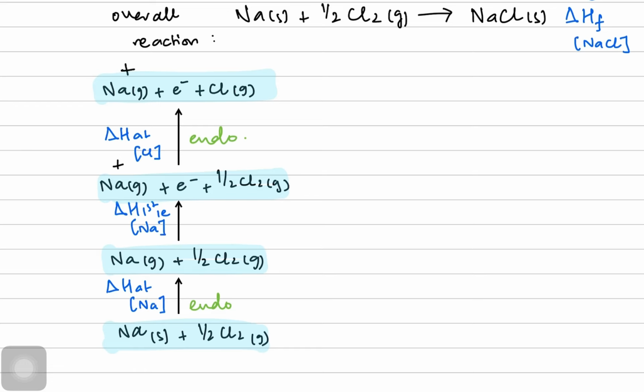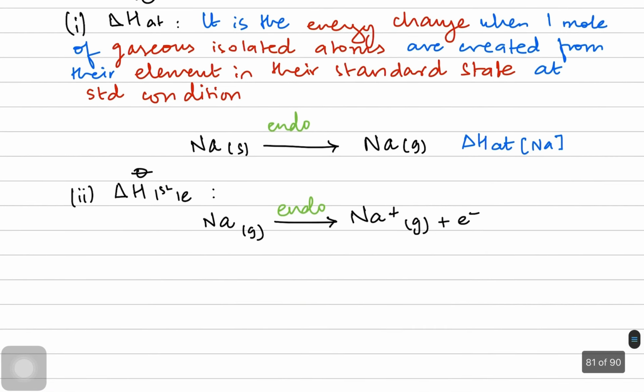Now the next step is going to be chlorine gaining the electron, and that is known as electron affinity. Let's define it.